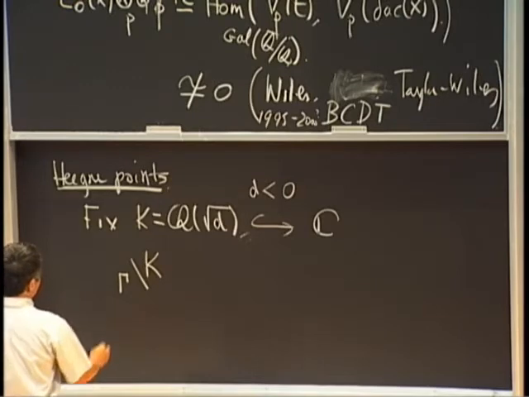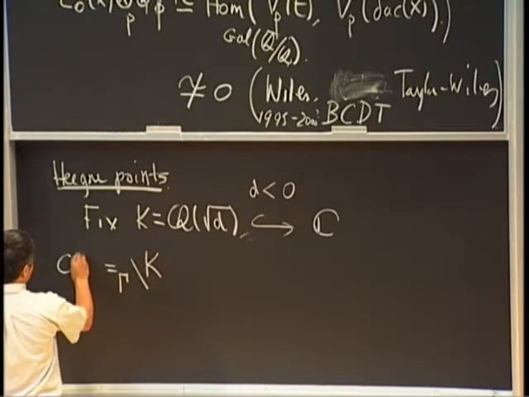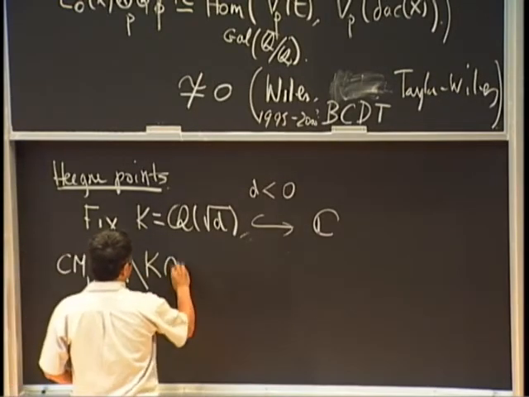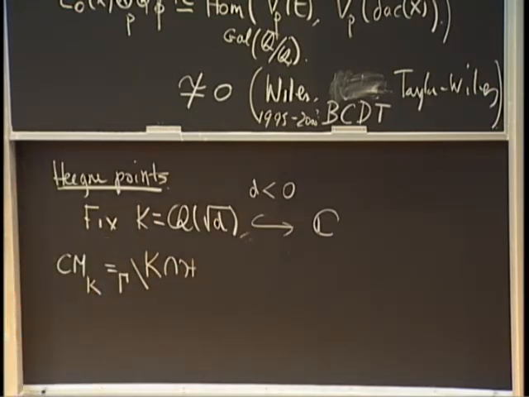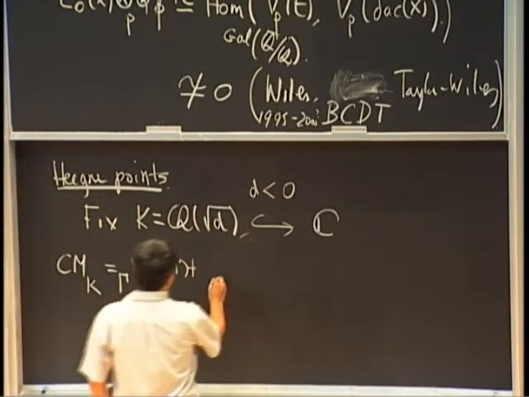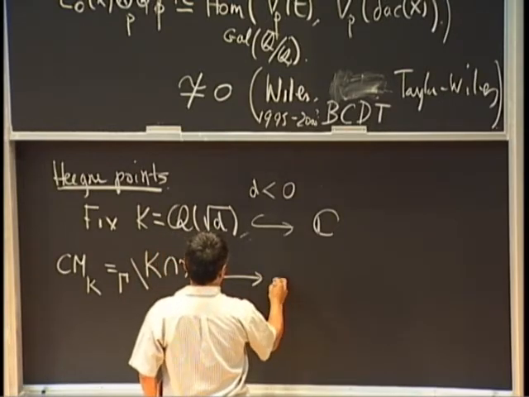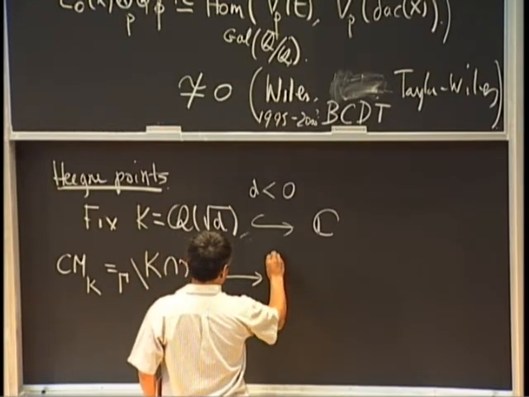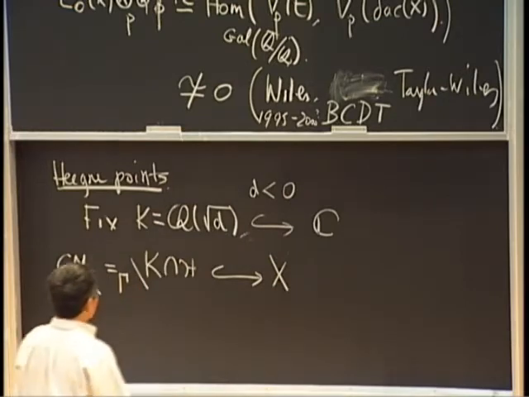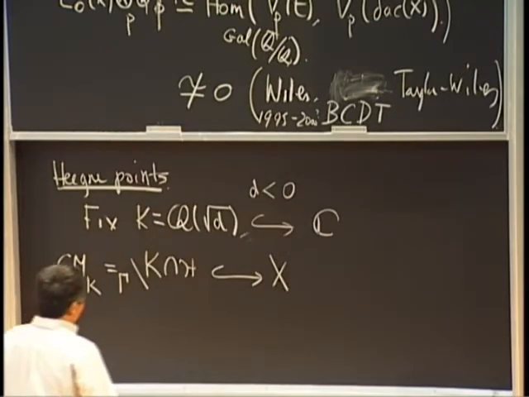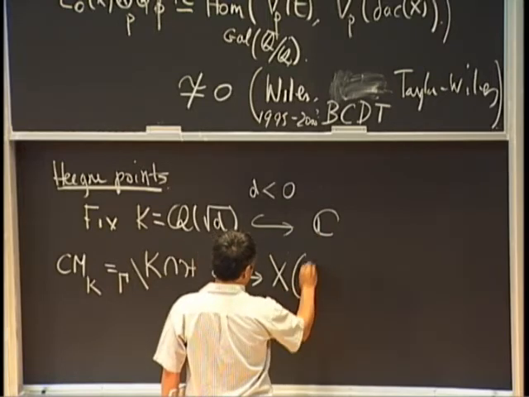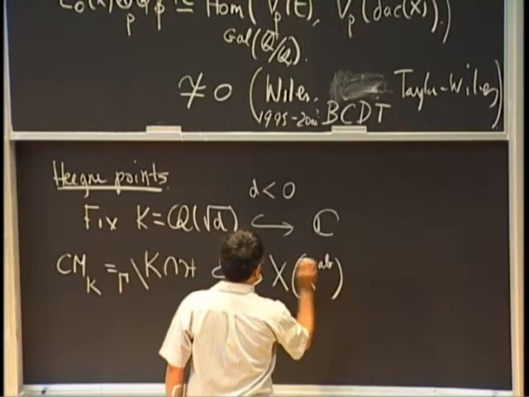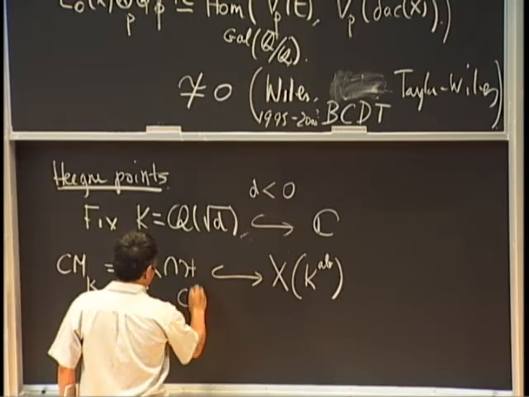These are called CM points in the plane, so they're imaginary quadratic points. This one is inside of this X, and in priority inside X of C. So in fact, it's inside X_K of ab. This is by CM theory.